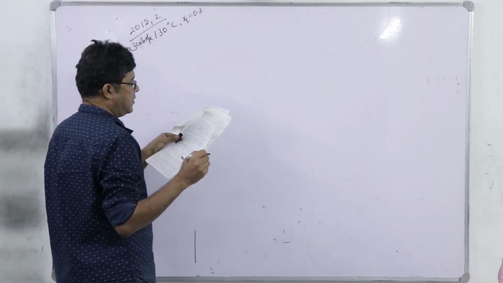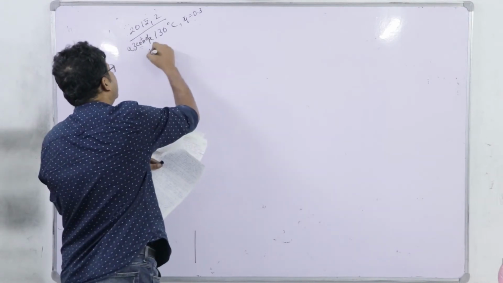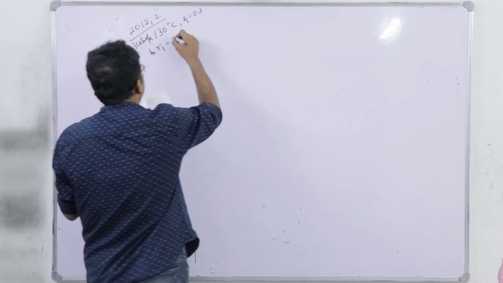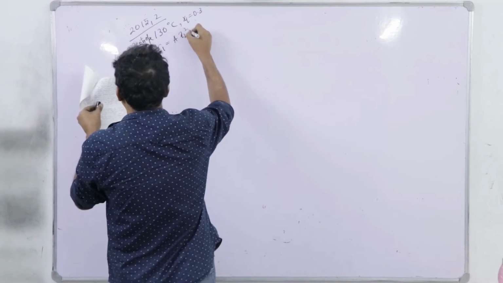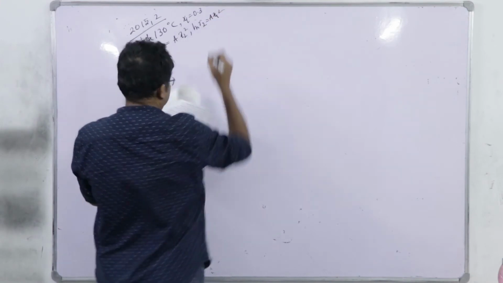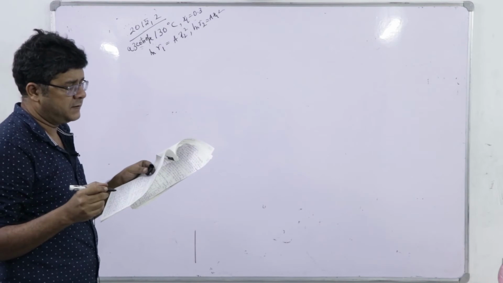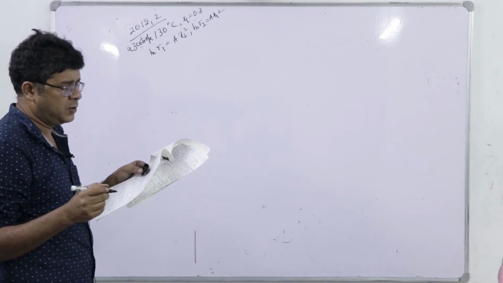The liquid phase non-ideality is described by again the two suffix Margules model. Ln gamma 1 is equal to A x2 square, ln gamma 2 is equal to A x1 square. That's given, where gamma 1, gamma 2 are activity coefficients, x1, x2 are the liquid phase mole fractions.